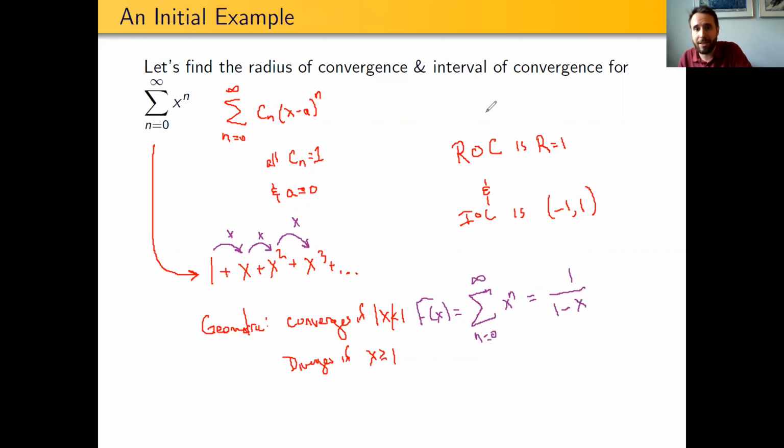So not only can I think of this infinite power series as a function, but in the case of a geometric series, I have a nice explicit formula that tells me what it is. Okay.